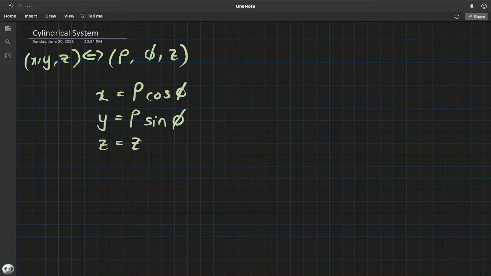So there's no change in the z. And how do we define these quantities?